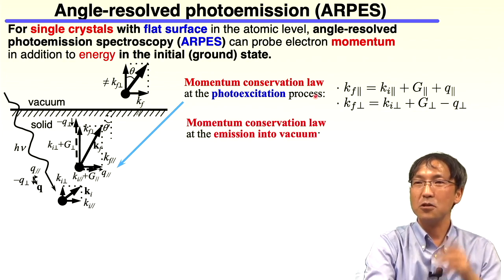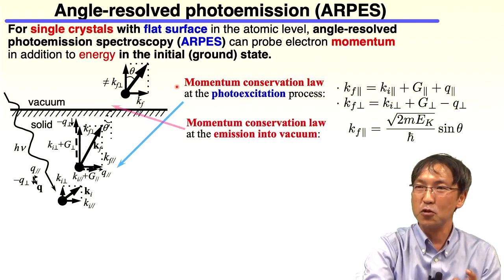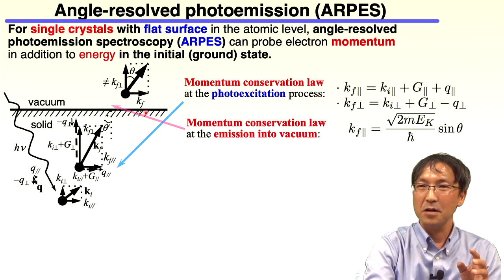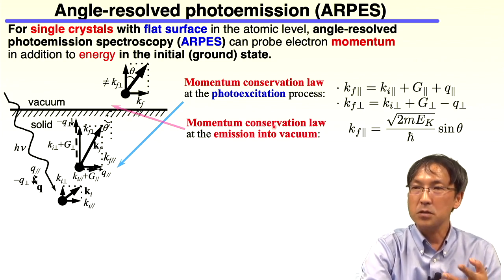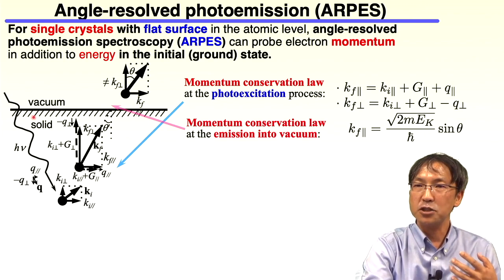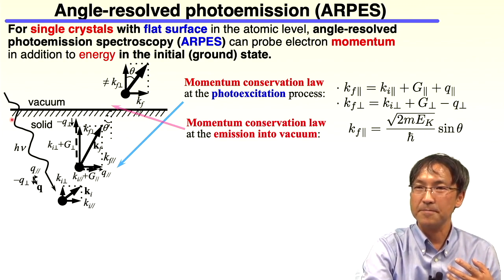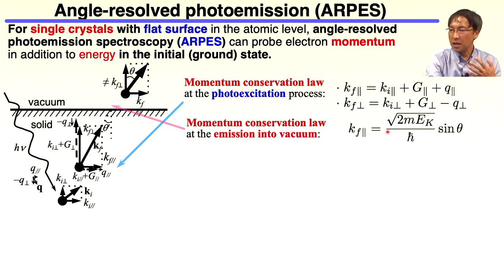In the process of the emission of the photoelectron into vacuum, the momentum is conserved along the direction parallel to the sample surface. So, Kf parallel is obtained as a function of the photoelectron kinetic energy in vacuum, Ek, and the emission polar angle theta, both of which are observable quantities from the experiment.